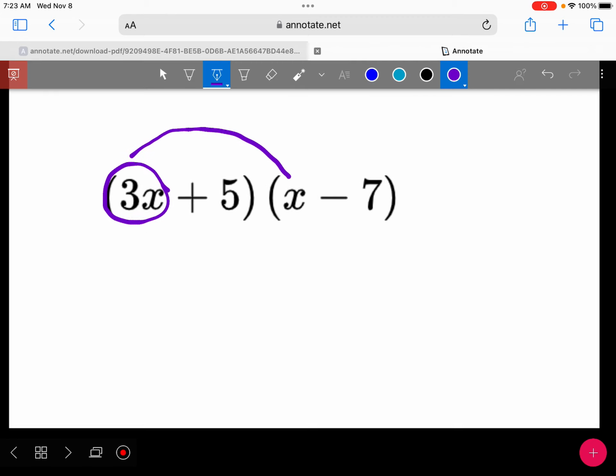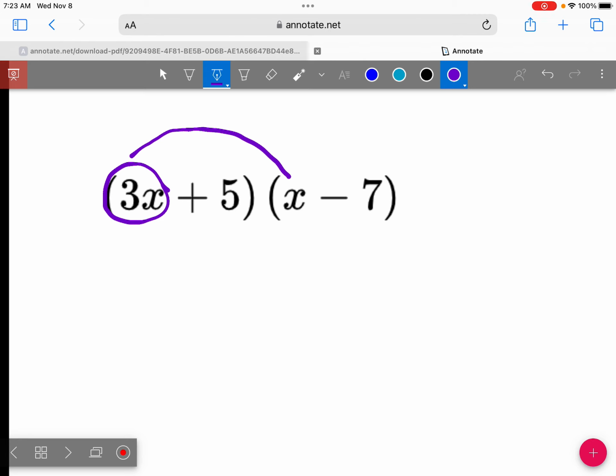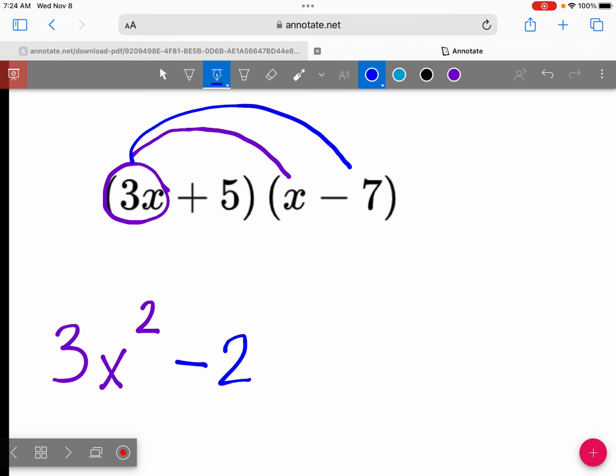So 3x times x gives me 3x squared. Then we're going to do 3x times minus 7. 3 times 7 is negative 21x.